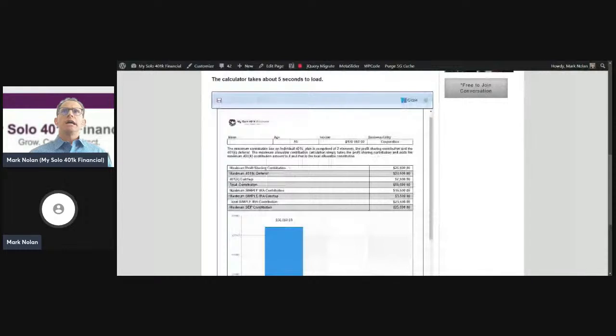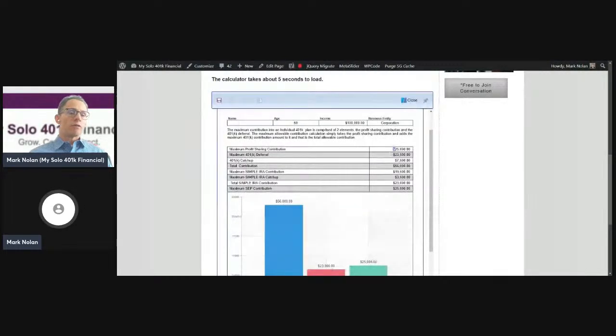So $100,000. The employer Roth Solo 401k contribution stays the same because that's percentage based. That's 25% of $100,000, which is $25,000. The employee Roth Solo 401k contribution is $23,500. And then you can also do the $7,500 as an employee Roth Solo 401k contribution.